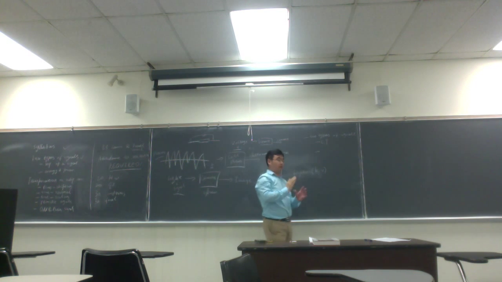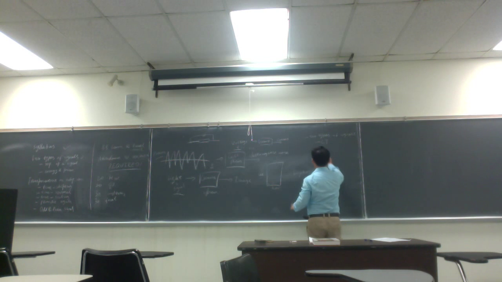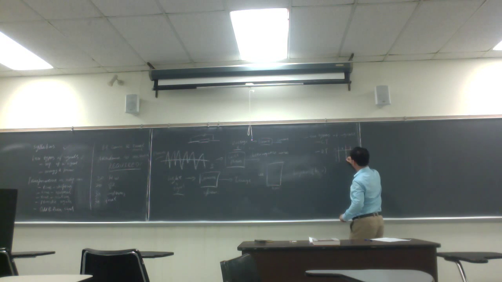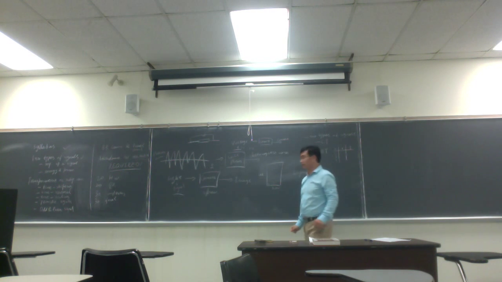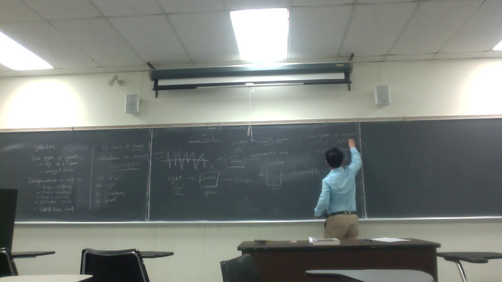So if we investigate the current this way, not in continuous time, we will get a signal in discrete time, so that you have this is your time step n, 1, 2, 3, 4, and you have your voltage and your current. So this will be a discrete time signal. And for continuous time, we have speech.